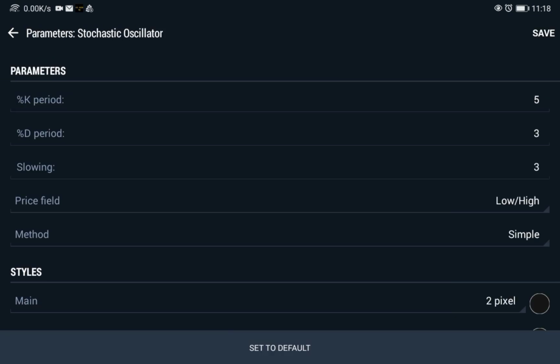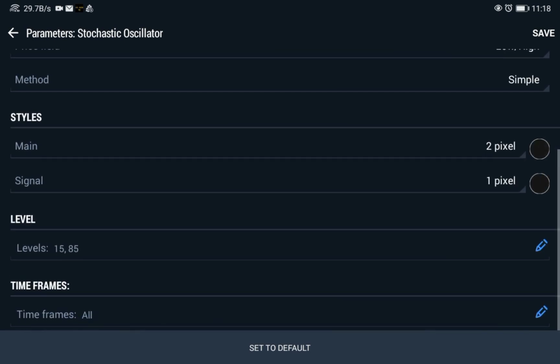Once it opened, I set my K period to 5, the D period to 3, the slowing period to 3. Then on my levels, I set the lowest to 15 and the high to 85.